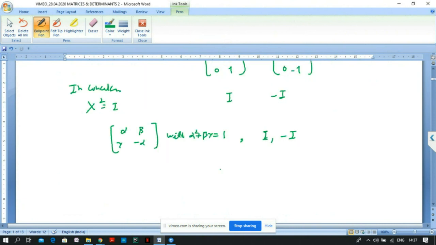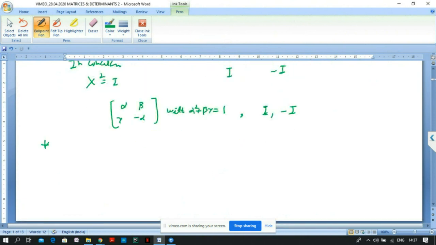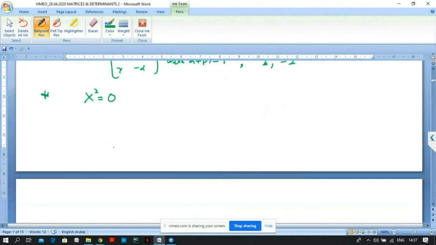Let's now get to the other thing. We want to solve x square equal to 0. First, some background. There is a concept called nilpotent matrix, although it is not named in the JEE syllabus as such. So if they use it, they will have to define it.